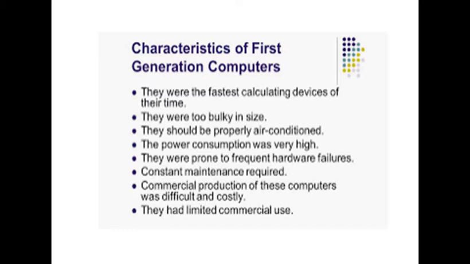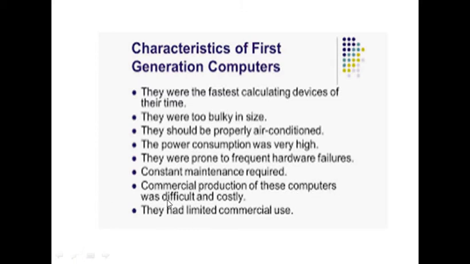Then the next point says that constant maintenance was also required. Nowadays, the computers we use are of low maintenance, but earlier in the first generation the maintenance was very high and had to be done repeatedly after every time interval.